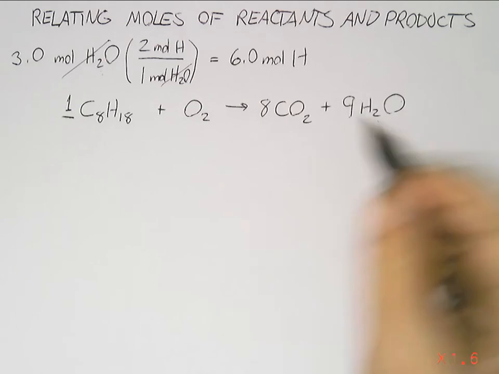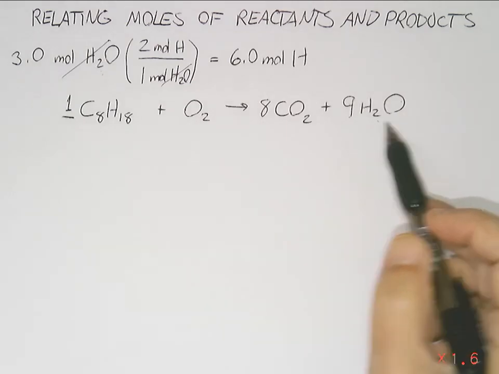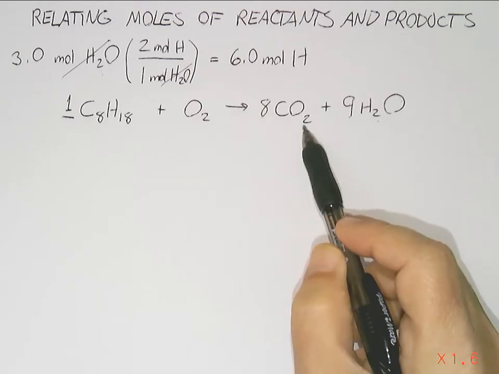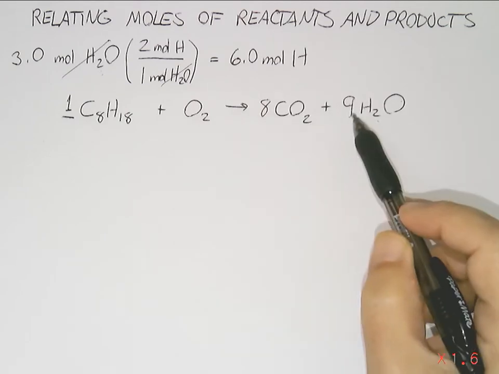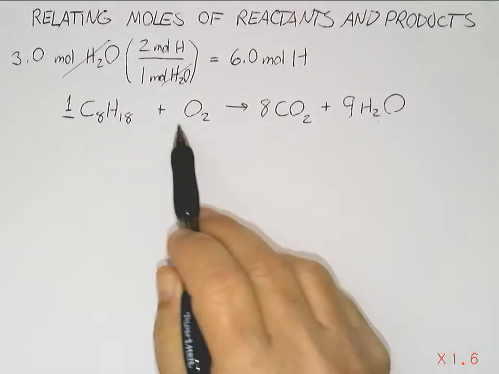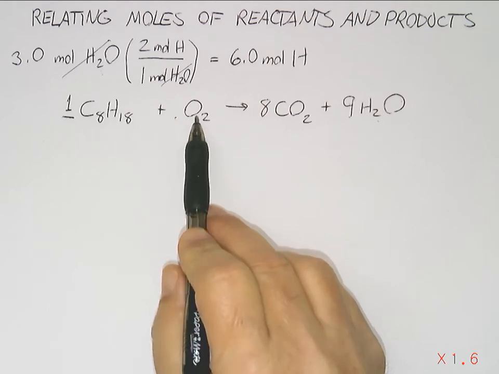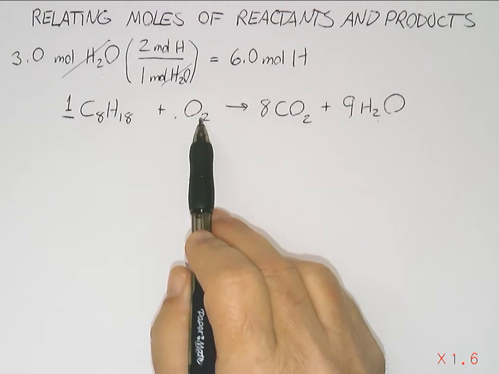And that'll work. Now I've got this whole side nailed down so I can figure out how many oxygens I need. 8 times 2 is 16 oxygens here. 16 plus 9 is 25 oxygens. So I need to have 25 oxygens on this side. Now I cannot just put 25 in front of that because that would be 50 oxygens.